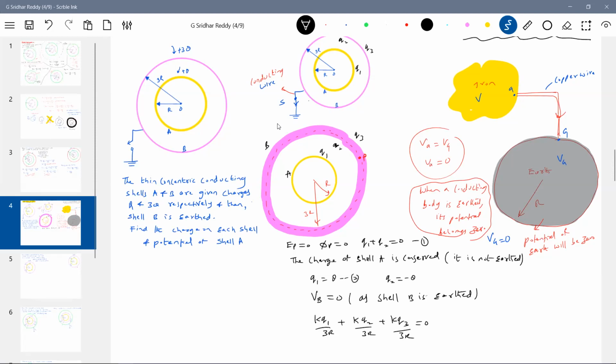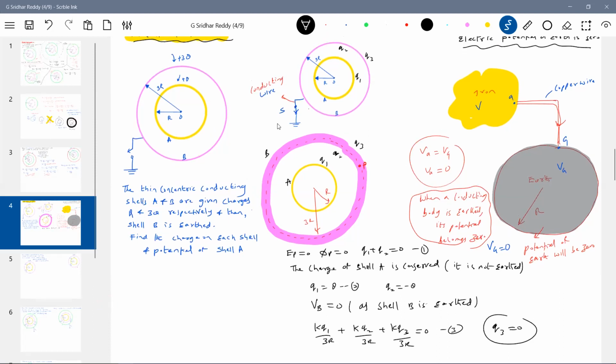Just now you all learned it. Q1 plus Q2 is in fact 0. So solving this, Q3 will become 0. Means there won't be any final charge here.